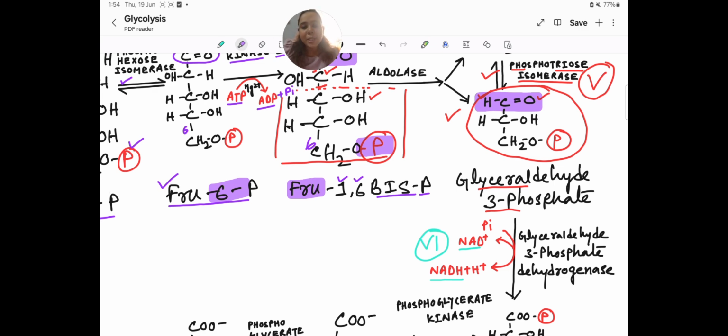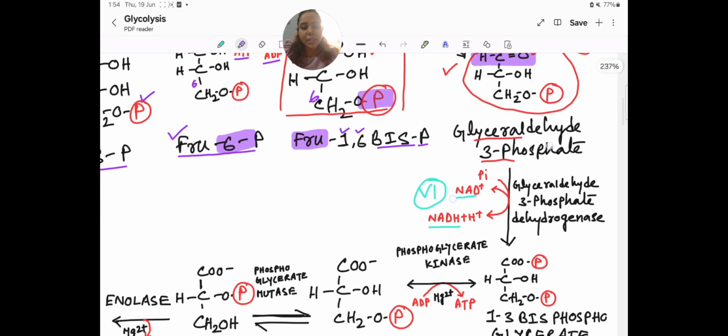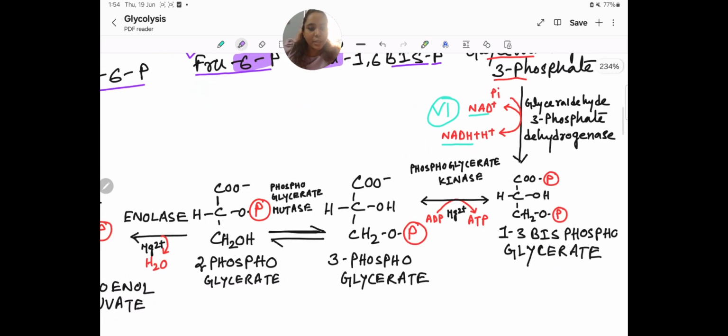A carboxylic group is COOH, so that is why we have written COOH here. In place of H we add a phosphate group, so that is COOP. In the third carbon the phosphate was added previously.